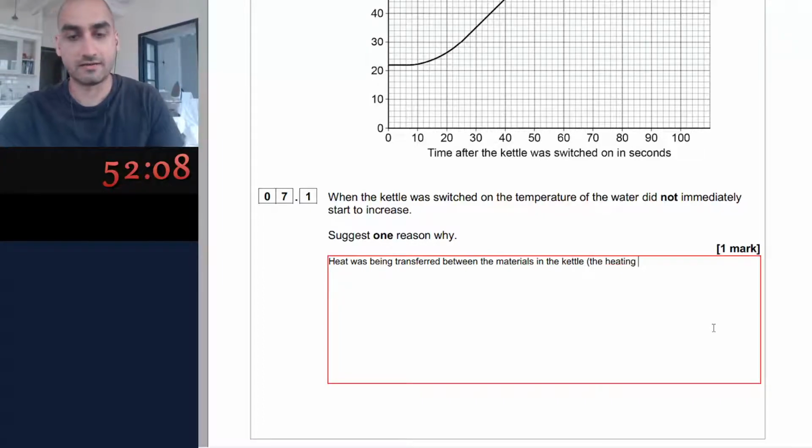The heating, now getting into gaming again. So this is oxygen not included.